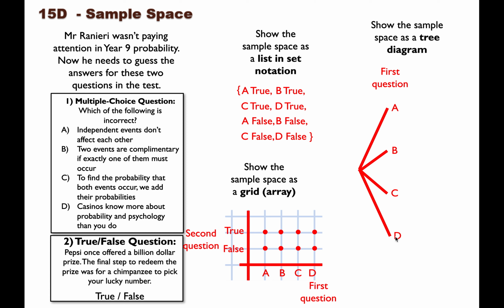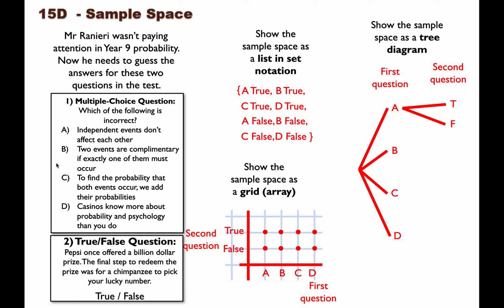And the outcomes are all listed vertically. Okay, so if Mr. Ranieri picks A for the first question, now we can look at the second question. We can put the name of the experiment up here, second question or true, false question. If Mr. Ranieri picks A for the first question, what could he pick for the second question? Well, he could pick true, or he could pick false.